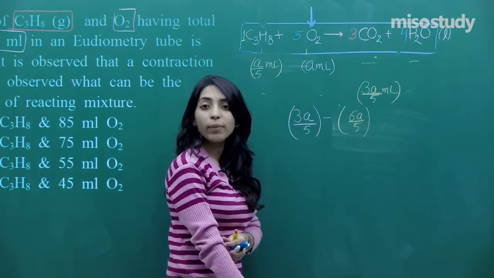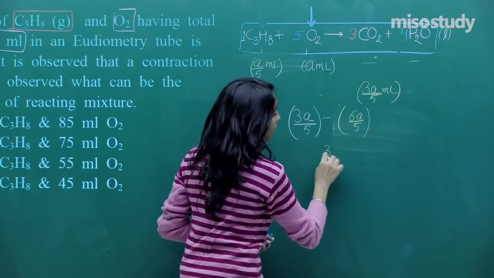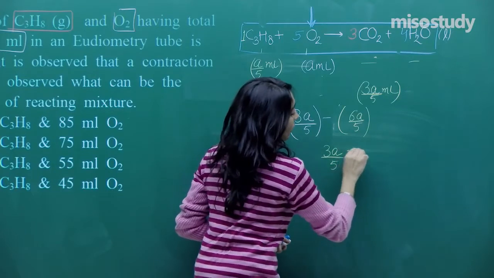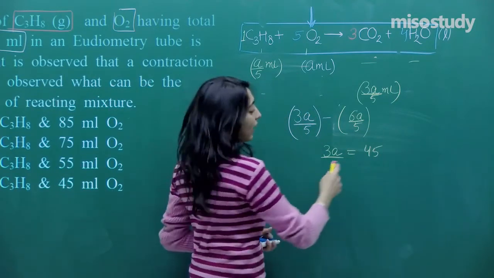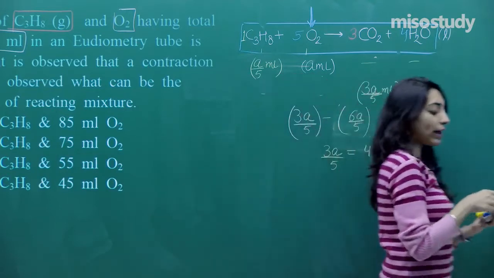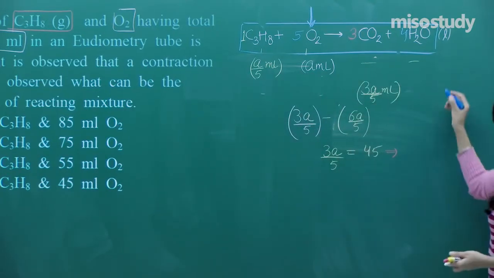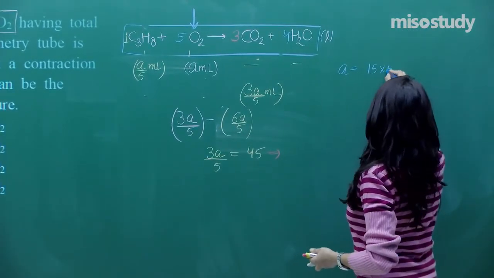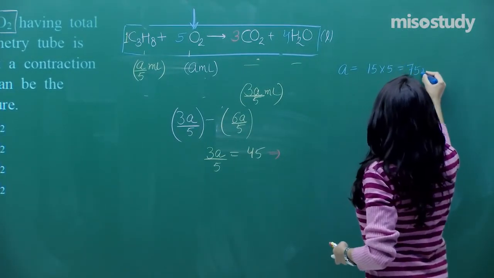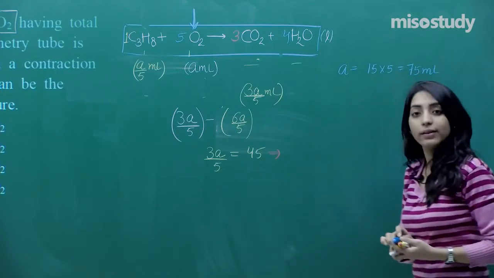So 3A by 5 minus 6A by 5, this will be nothing but 3A by 5, and this is given to us as 45. Am I right? So finally, if you solve the value of A, you will get A is equal to 15 into 5, that is 75 ml.